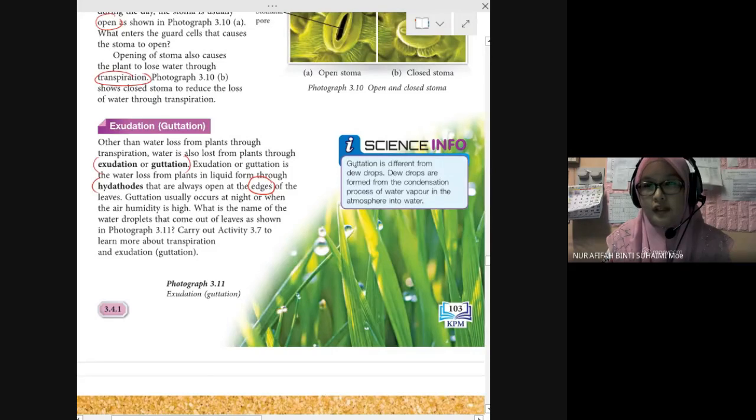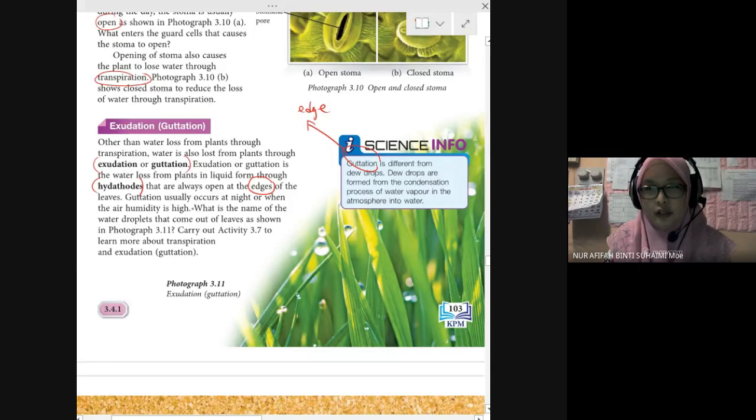Guttation is different from dewdrops. Dewdrops are formed by the condensation process. Guttation is the water loss from the edge of the leaf, through hydathodes.